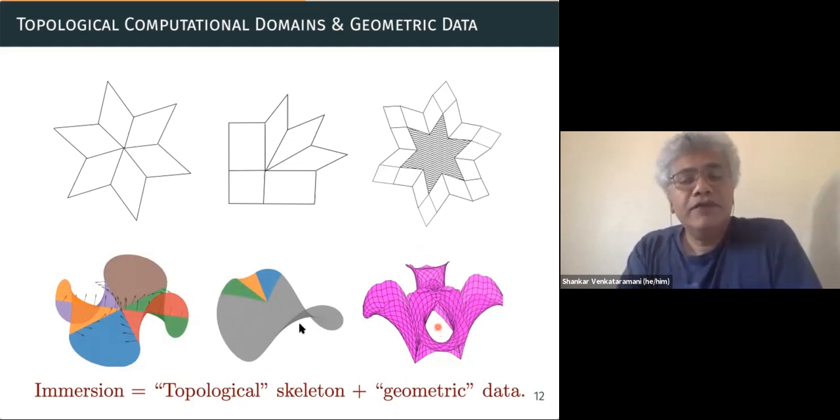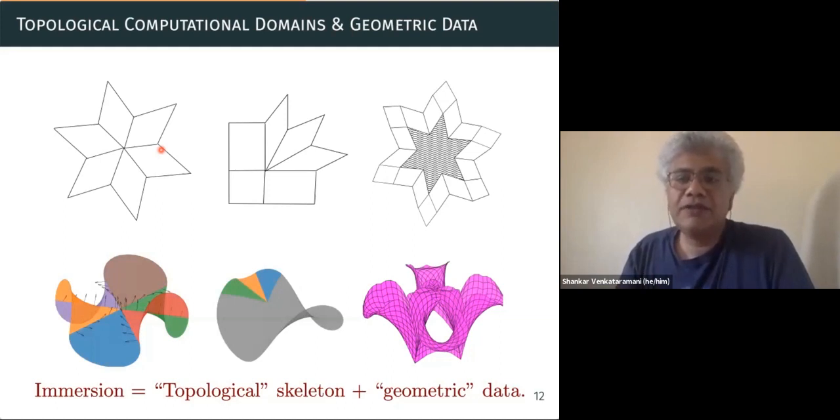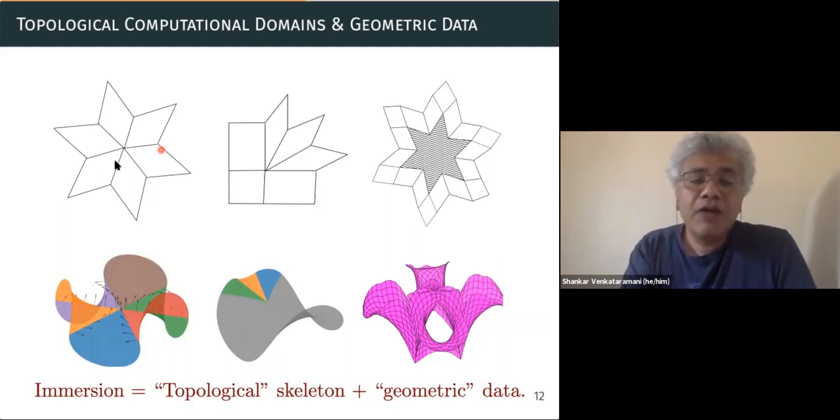So we should think of these pseudospherical immersions in the class C11 as having two pieces of data. One is a topological skeleton, which is this object. And just like the intrinsic geometry of surfaces can be uniformized so that you have just a few classes of objects that represent all of them, this is now a uniformization for the extrinsic geometry.